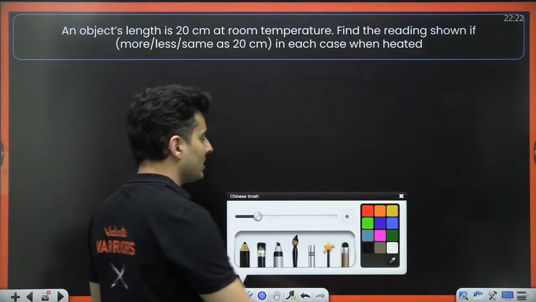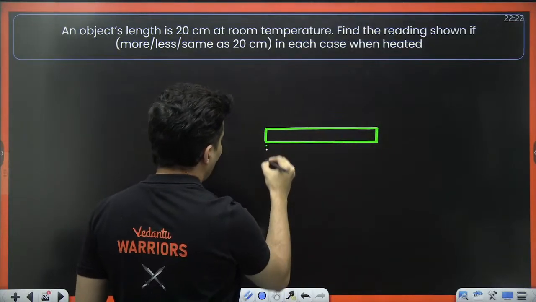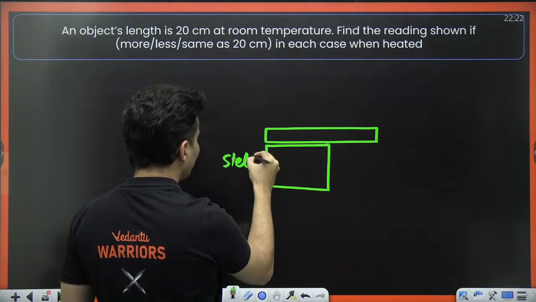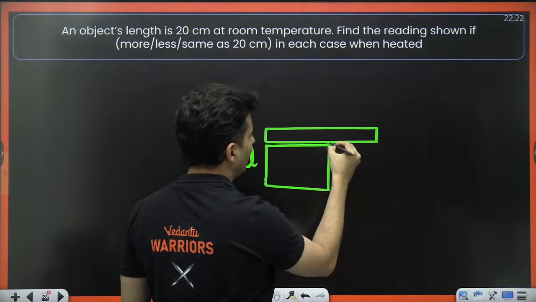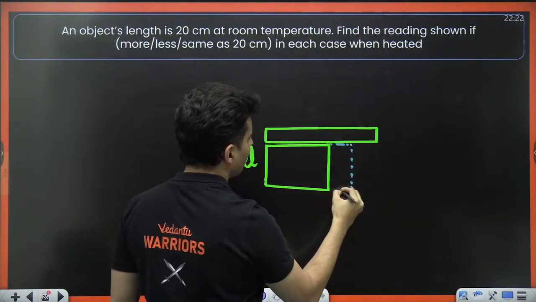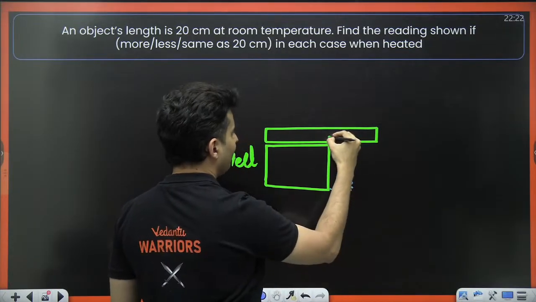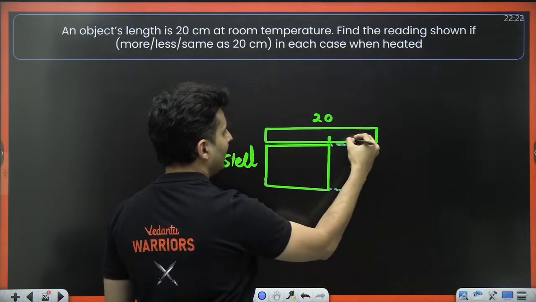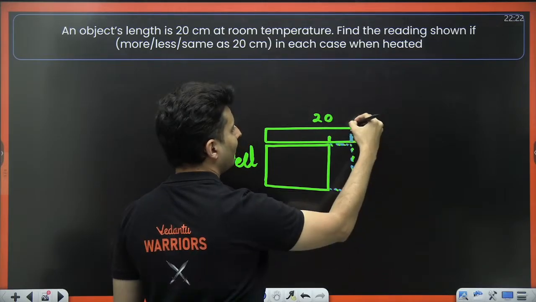Now, what about the last one? When the scale is also made of steel and the object is also made of steel, both of them will expand by the same amount. Meaning earlier, wherever you saw 20, that 20 will now reach exactly over here.